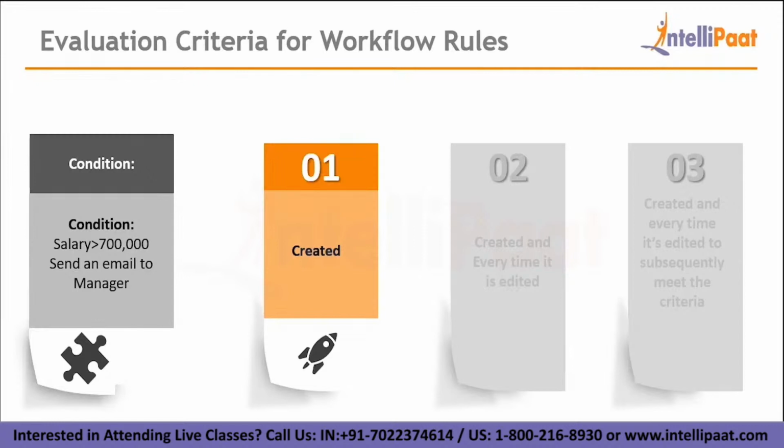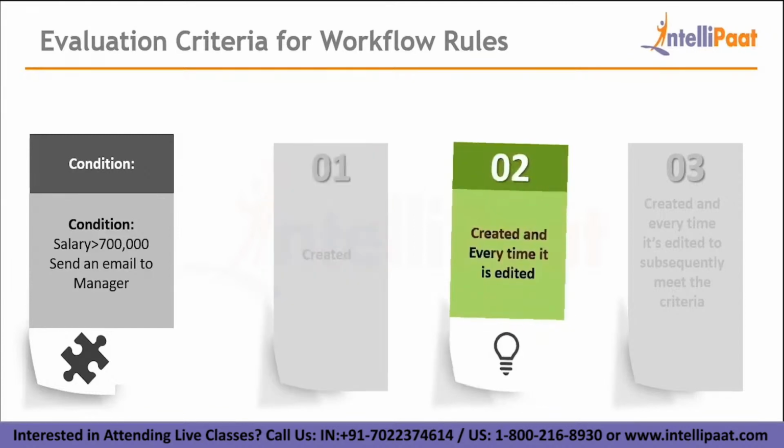Every time I edit it and the condition is satisfied, that is the salary is above 7 lakhs, an email should be sent to the manager. So we have the second criteria, which is created and every time it is edited. In the condition, if my salary is 7 lakhs and I create a record, and I'm using the second evaluation criteria, an email would be sent to the manager. But if my salary is 5 lakhs and my record is created, an email will not be sent.